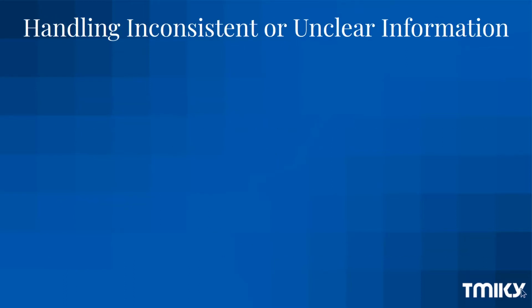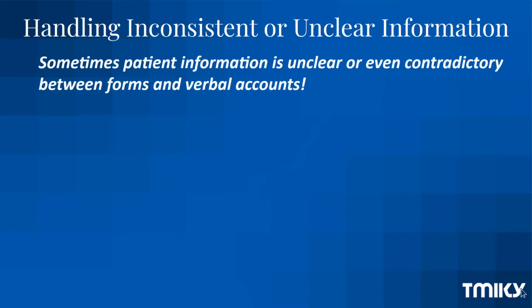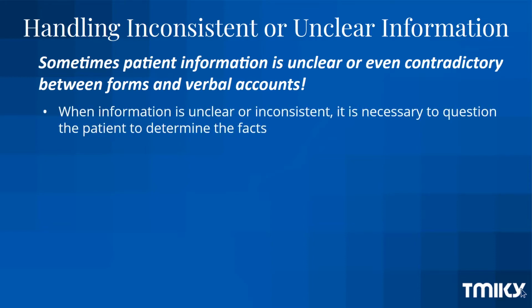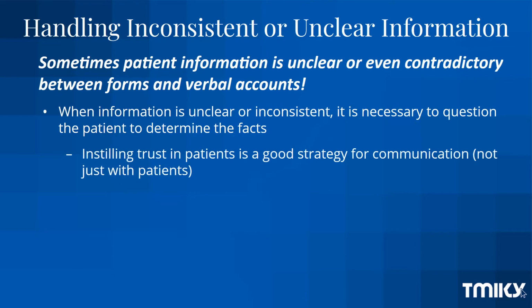Next, let's discuss handling inconsistent or unclear information. Sometimes patient information is unclear or even contradictory between forms and verbal accounts. When information is unclear or inconsistent, it is necessary to question the patient to determine the facts. You can do this by instilling trust in patients.